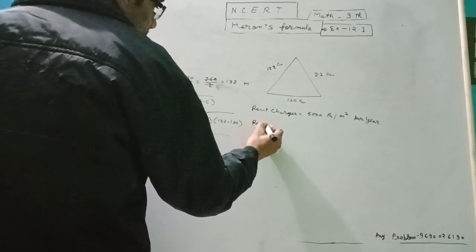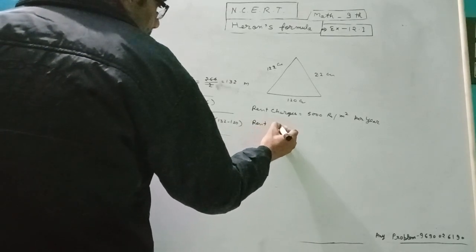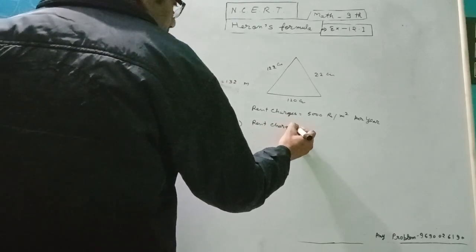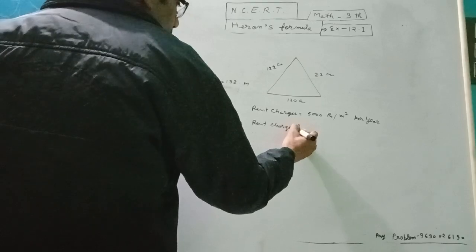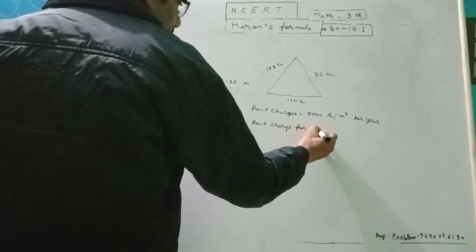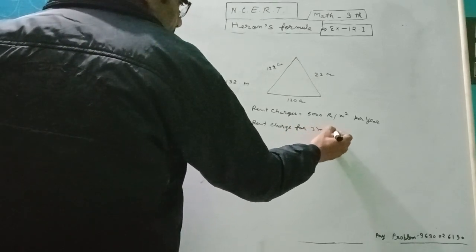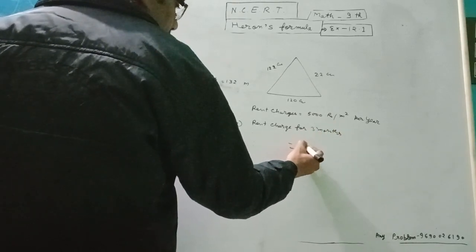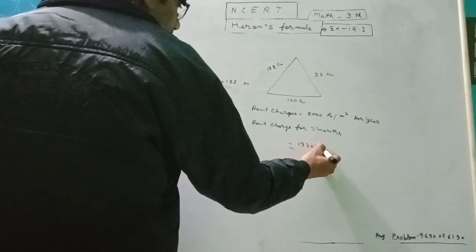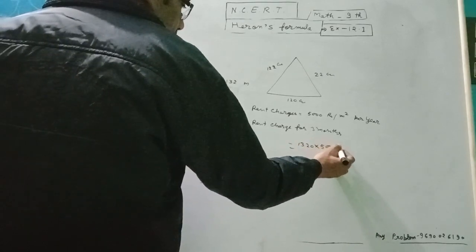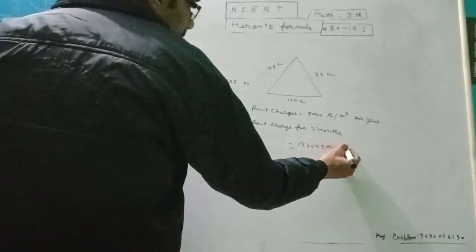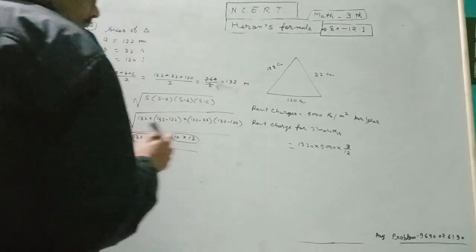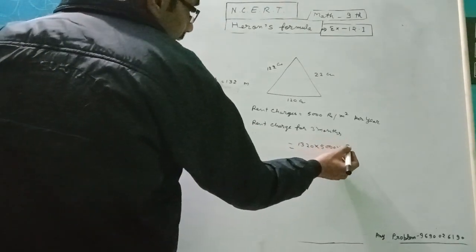Rent charge for 3 months is equal to 1320 into 5,000 into 3 upon 12. Three months upon 12 months makes the year.